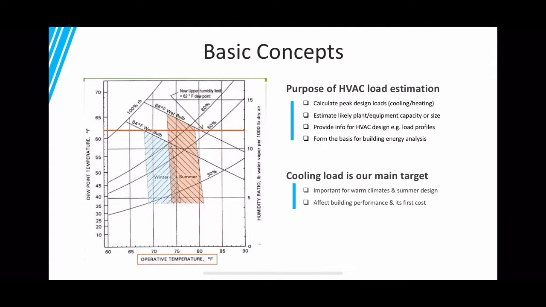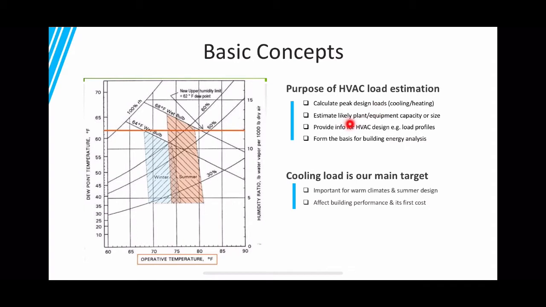So the purpose of HVAC load estimation is that we need to calculate the peak design loads. What is the maximum this aircon system can handle, other than having it as strong and reliable as possible?